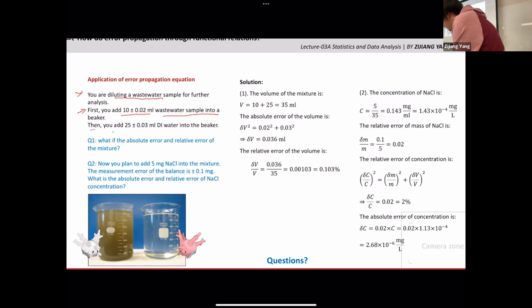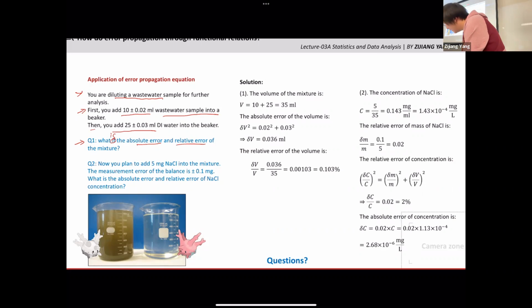Then you add another 25 ml of DI water into the beaker because you want to dilute the wastewater sample. And here is the question: what is the absolute error and relative error of the mixture?